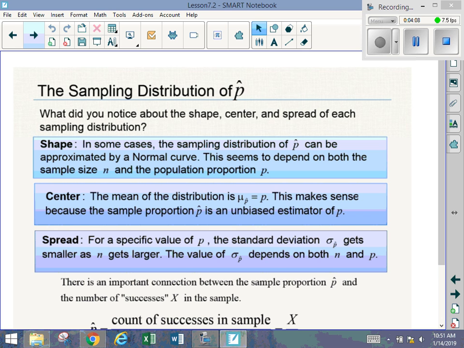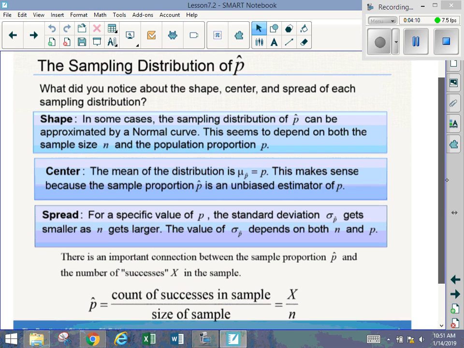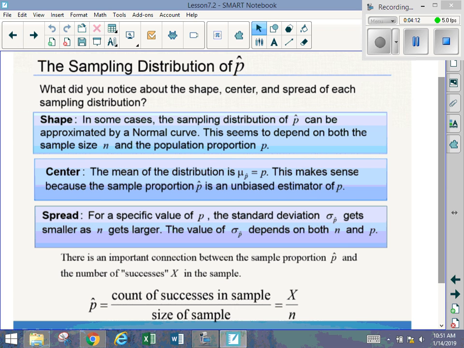In fact, depending on your sample size, many times you can actually approximate the distribution of p hat using a normal distribution. Check it out. The mean of the distribution, so mu sub p hat, is equal to p.